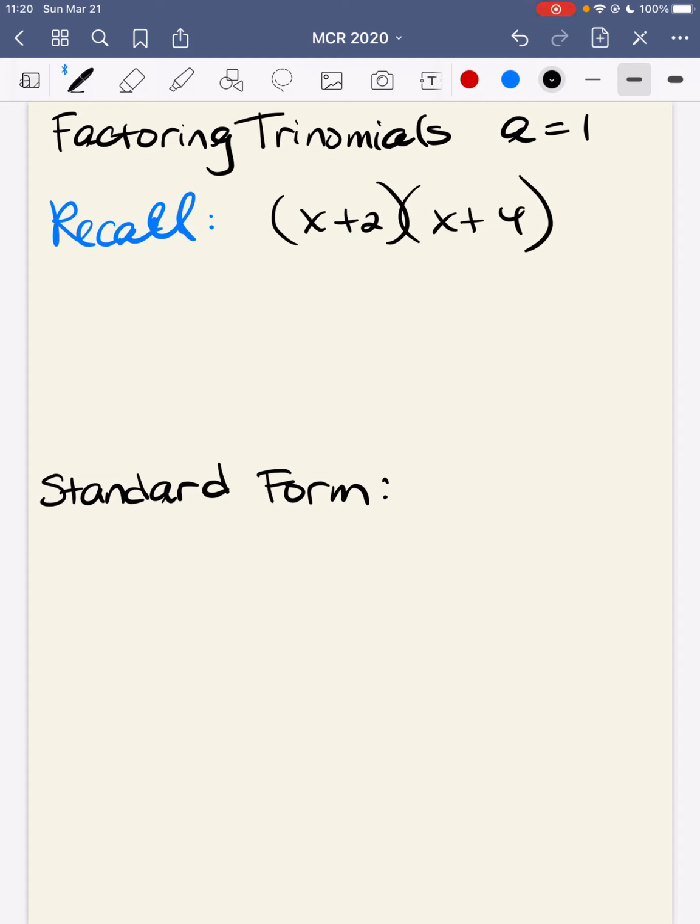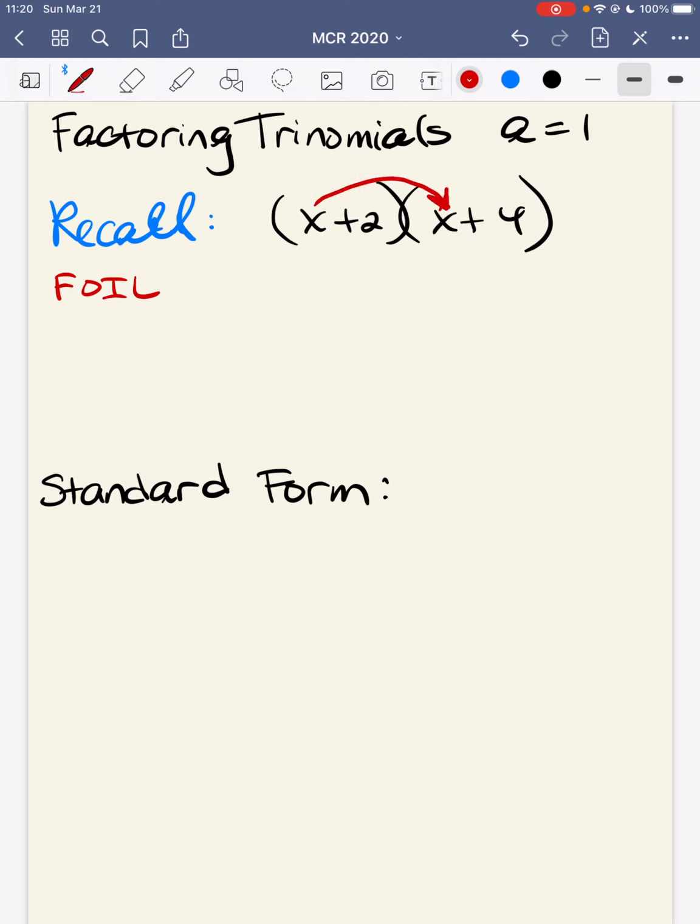All right, so if we have two binomials and we need to multiply them out, we need to use our method called FOIL, which is our first, outer, inner, last. So basically what we're doing is we're taking the first term in the first binomial and multiplying it by both terms in the second.